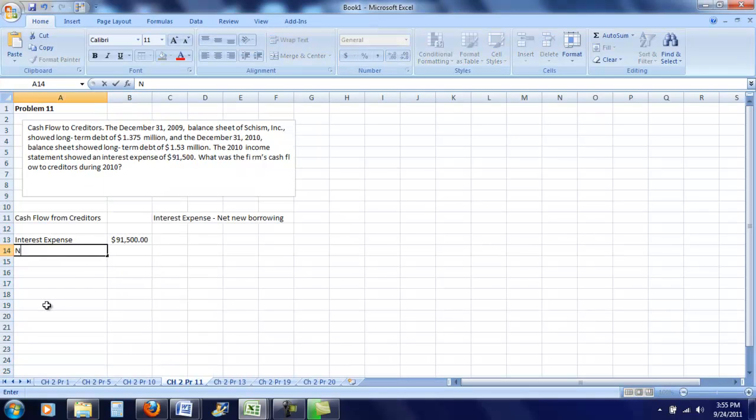Net new borrowing. Remember our formula for net new borrowing? It was ending minus beginning on our long-term debt, which is 1,530,000 minus 1,375,000.